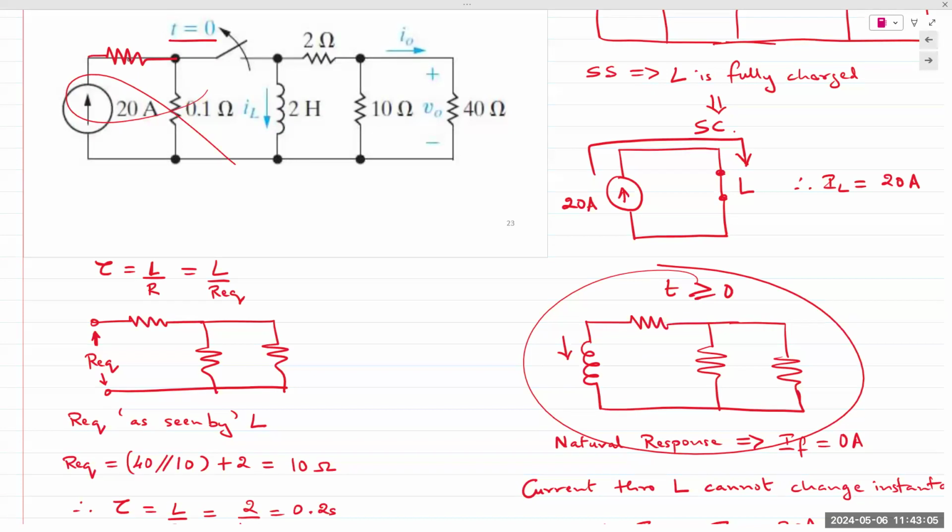It would still be the same. So in that case, the current is flowing through the circuit. It'll still be 20 amps coming out. Some of it would go down here, some of it would go here, some of it would go to the inductor, but eventually the inductor will reach full charge. It would still be 20 amps. Now, if there were multiple resistors in parallel, still the answer would be the same, because at some point the inductor would reach full charge. Yeah, but we are not analyzing for the time t before 0. So in this case, it doesn't matter. But good question.